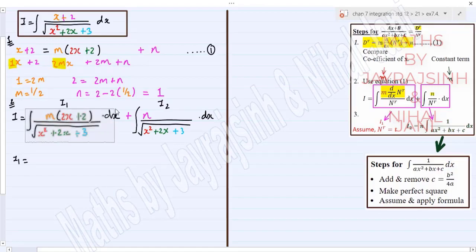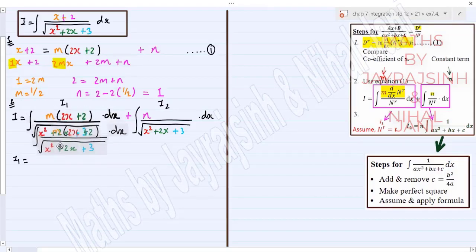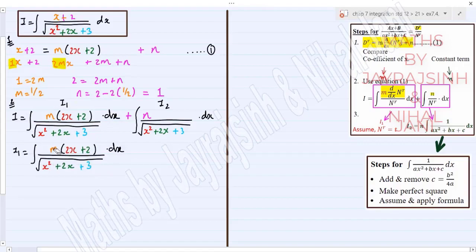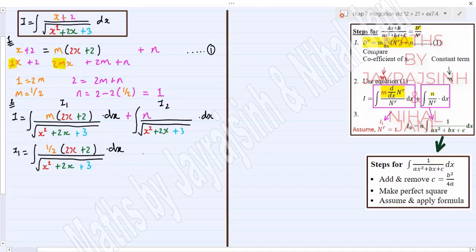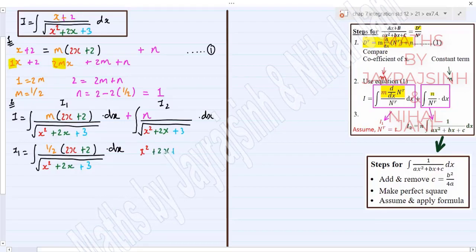First of all, let's get our I1. Here, substitute the value of m, which is 1 by 2, which is constant. We don't have to worry. And to integrate I1, we have to assume x squared plus 2x plus 3 is equal to t.